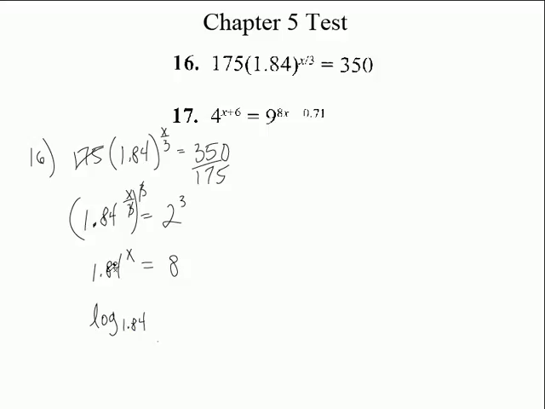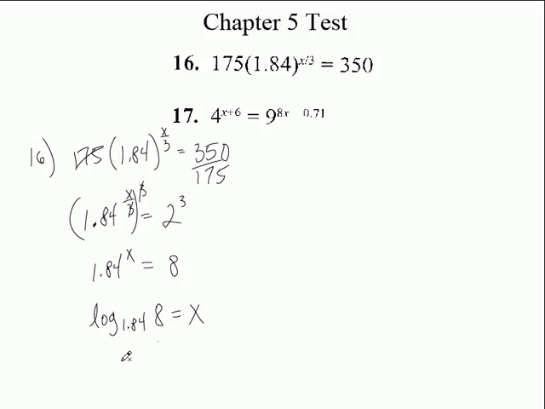Log base 1.84 of 8 equals the exponent. Remember, logarithms are exponents. The exponent equals all that stuff right here. We had a problem earlier where we had to figure something like this out, using the change of base theorem or rule, whatever they call it.